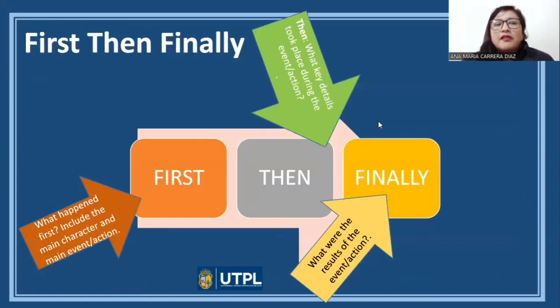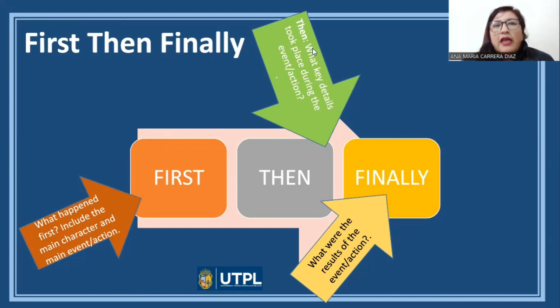Okay, the third strategy is first, then, finally. According to Jones, this strategy allows the students to have an orderly idea of a story they want to summarize. Since to summarize, the students first have to identify what is happening and include main characteristics of the protagonist.